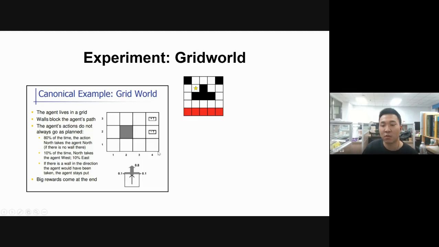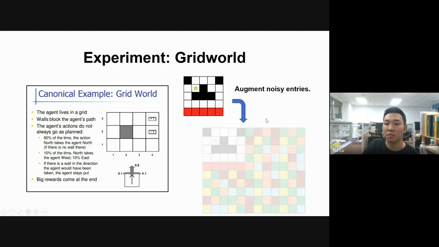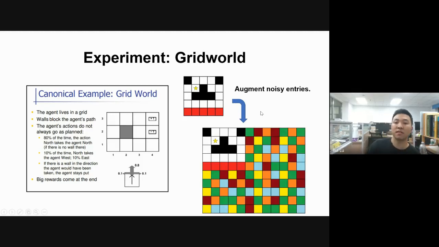So first, we use a one hot vector to denote the position of the current agent. And then we augment this one hot vector with many noisy entries. The observation for our agent is this large dimension vector, of which most of the entries are useless. They're just noise, totally Gaussian noise.